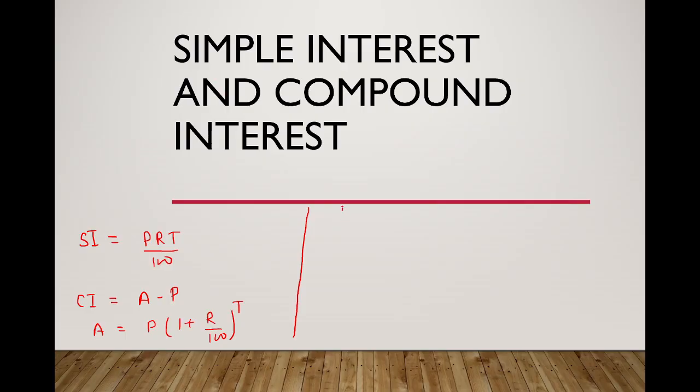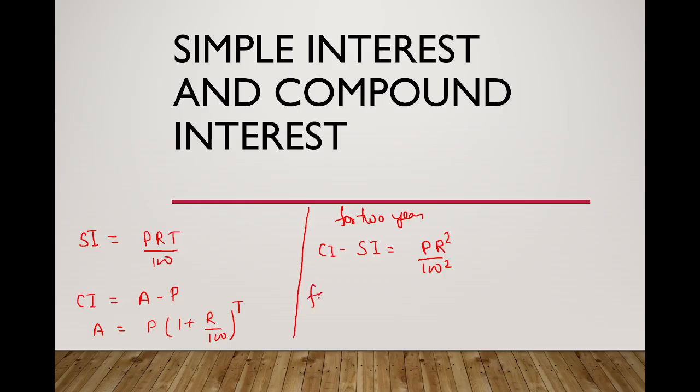For 2 years, the difference of compound interest minus simple interest is PR squared divided by 100 squared. As I said, P is principal and R is rate.